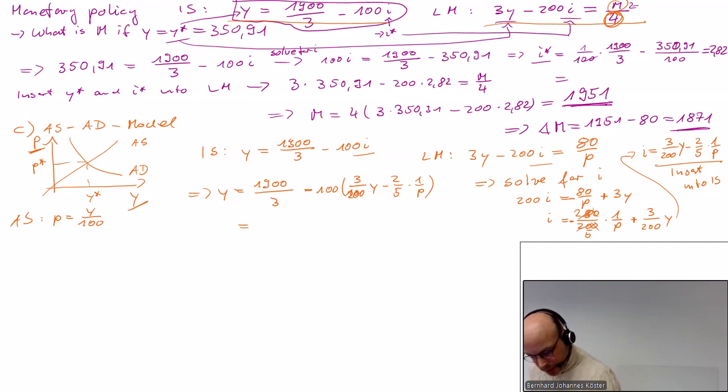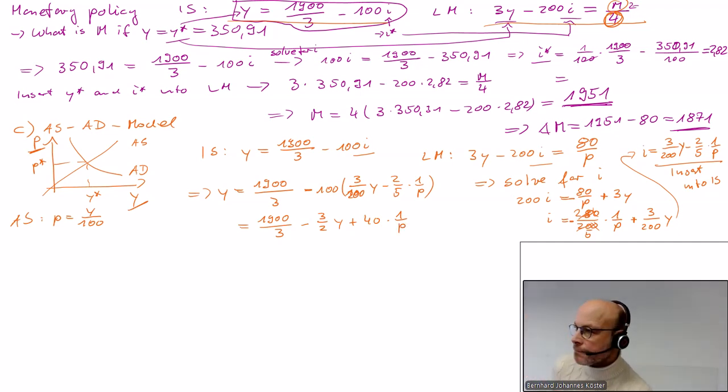So then we have 1900 over 3 minus 3 over 2 times y plus 100 over 5 is 20. 2 times 20 is 40. So 40 times 1 over p. Okay? And now we solve this for y.